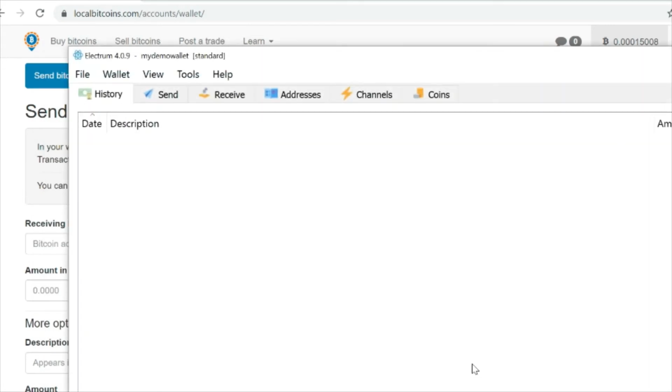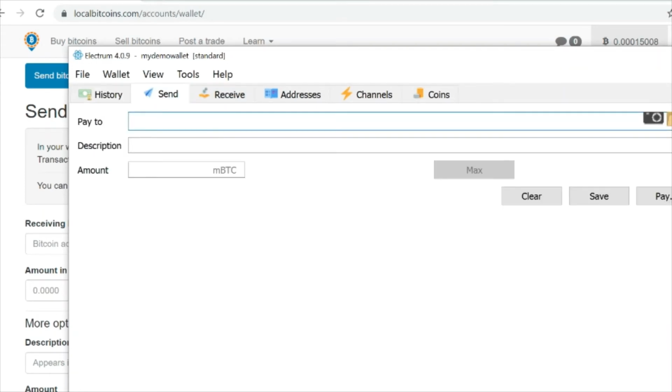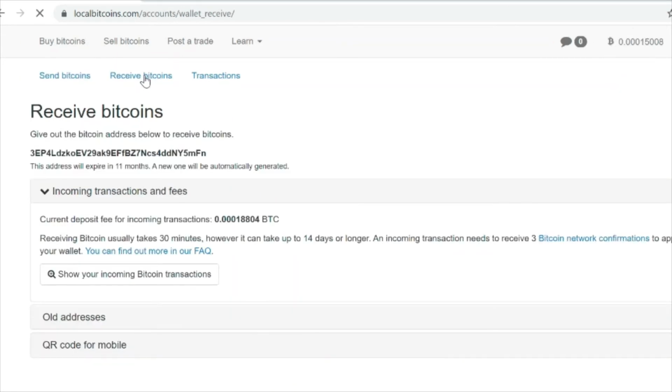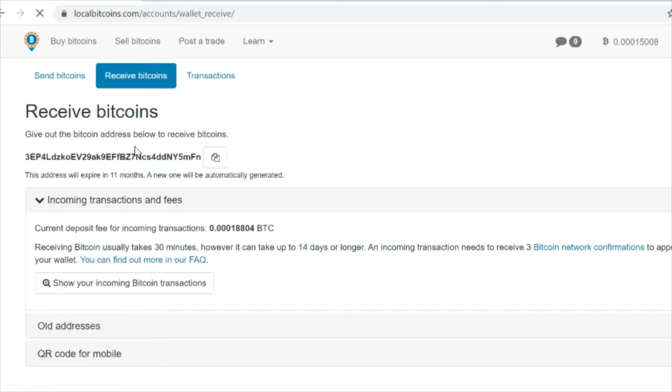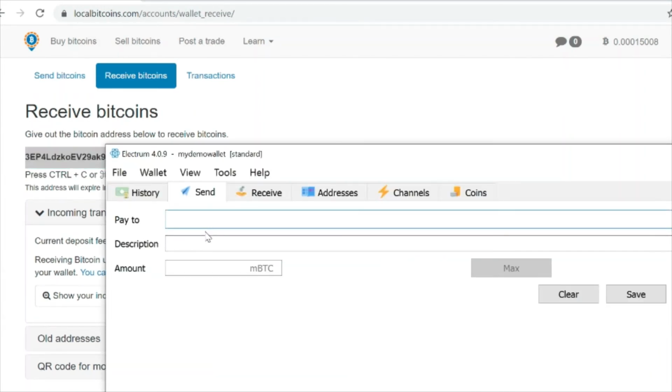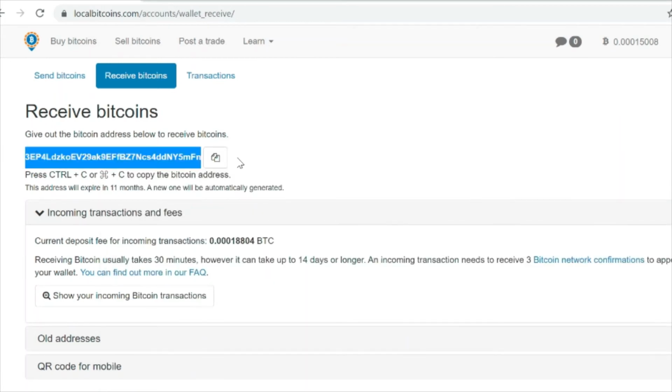Now this is my wallet, and you have the history where you view your transactions. You have send. If you want to sell your Bitcoin, you enter the address of your exchanger, and then it comes into your wallet. For example, if you want to sell here on LocalBitcoins, in your account you'll be provided with an address to which you can transfer from other wallets that you have.